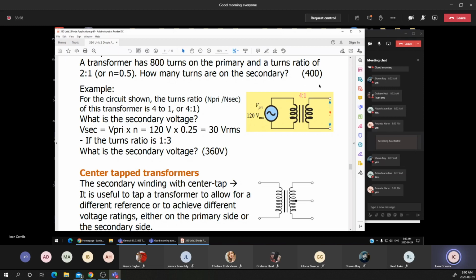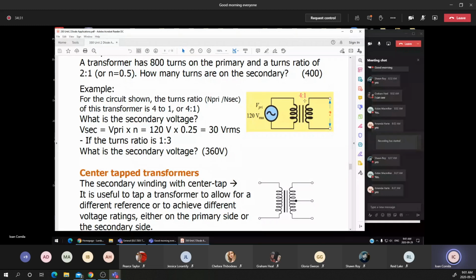And remember that this ratio may be provided, or at least the number of turns on the primary and the number of turns in the secondary is provided. Sometimes both of them are given, but most of the time the turn ratio and the input voltage are given. In this example, suppose that just the input voltage, 120 volts, and the turn ratio are given.